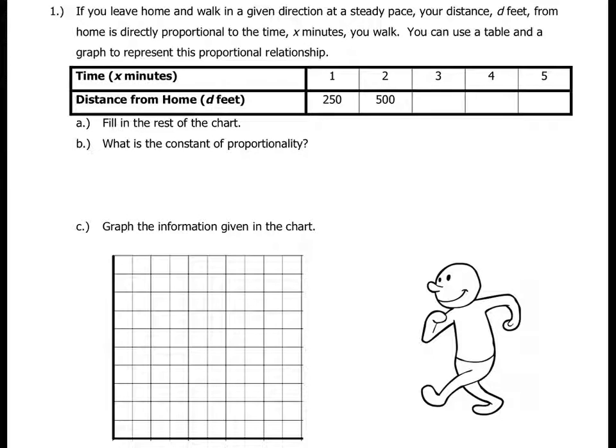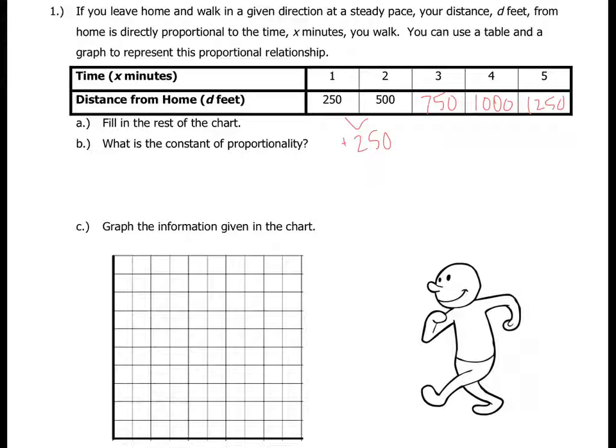You'll notice that it went from 250 to 500 by adding 250. So we're going to add 250 each time. So at 3 minutes, you are at 750 feet. At 4 minutes, you are at 1,000 feet. And at 5 minutes, you are at 1,250 feet.